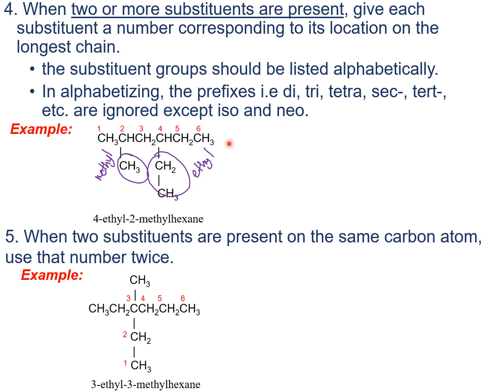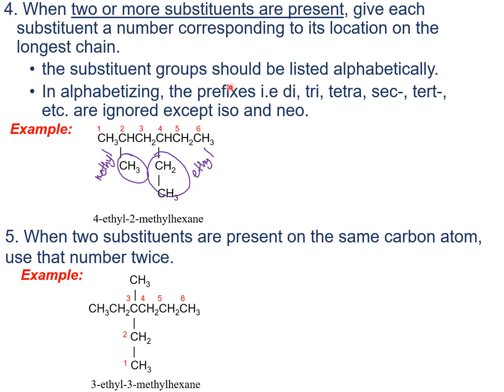Kalau let's say you numberkan daripada kanan ke kiri, okay, it will be a little bit far from the substituents. Okay, nanti carbon number 3 baru jumpa substituents. So that's why it is decided untuk numberkan kedudukan carbon at your parent chain ni daripada kiri ke kanan, sebab carbon number 2 terus nampak methyl.